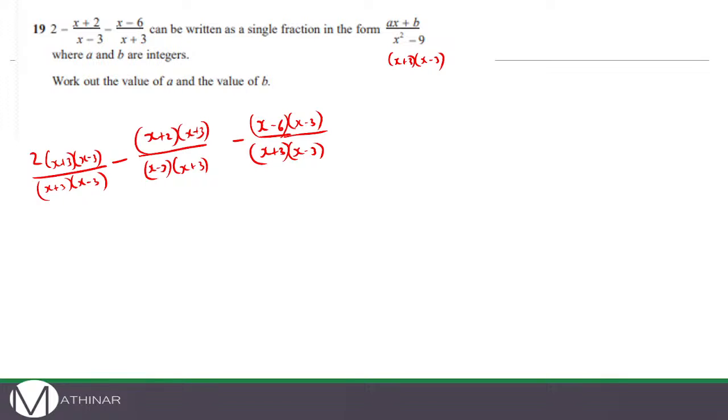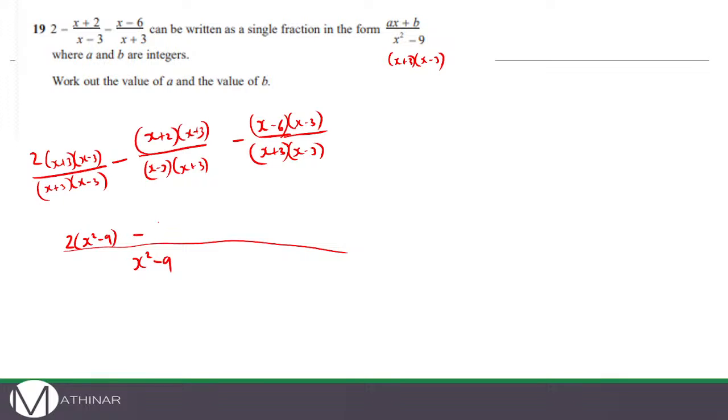Now that we have a common denominator, we can collect everything together. Now it can get a little bit messy here. So the bottom of the fraction is just x squared minus 9. Now the top of the fraction, I'll multiply some of these together. So that times that is x squared minus 9.